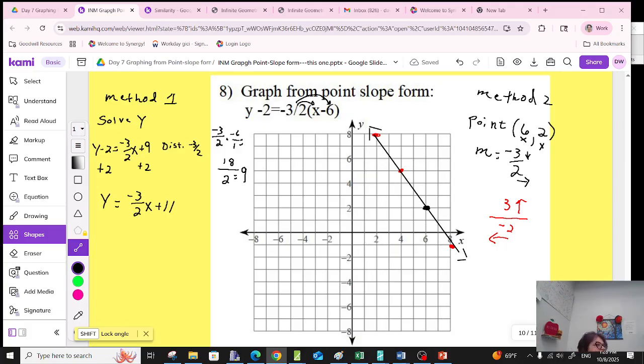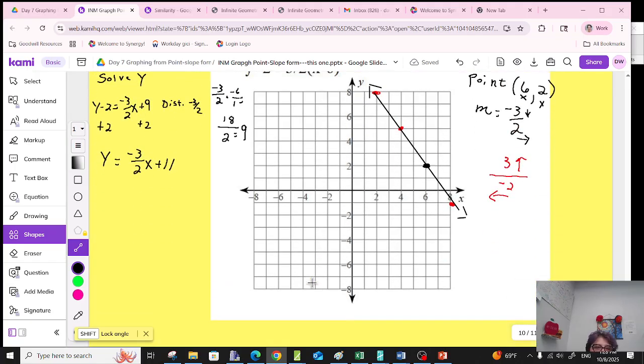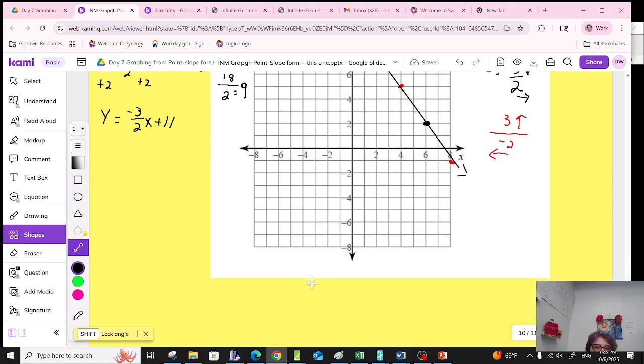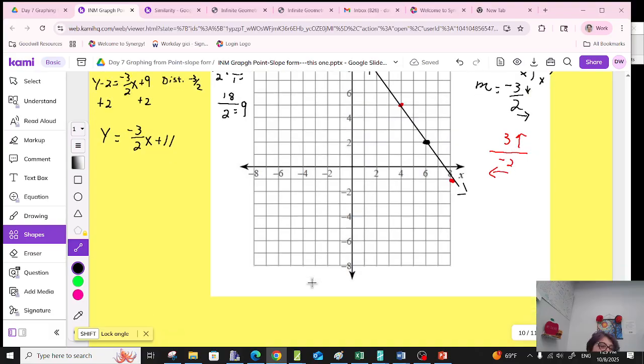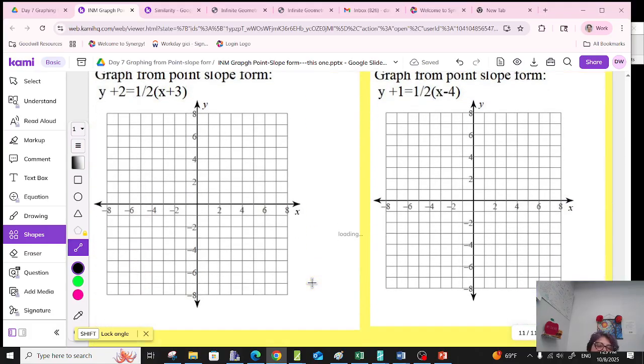Which one do you like better? 2. That's all I was asking. You like both? One breaks it down a little bit simpler, but then again, 2 shows you a different way to break it down smaller. And sometimes they may ask for slope-intercept form.